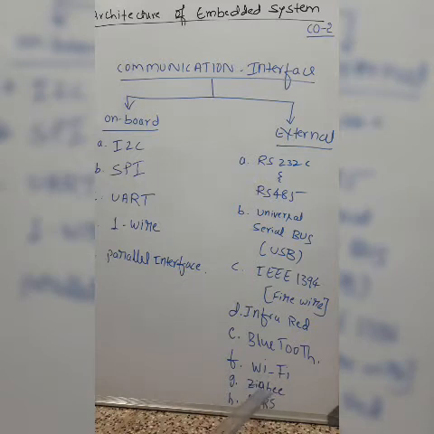It works in the range of 2.4 to 2.484 gigahertz in one range. Another range is 902 to 928 megahertz. There is one more range, 868 to 868.6 megahertz. So in three different bands, Zigbee will be able to work in radio frequency.